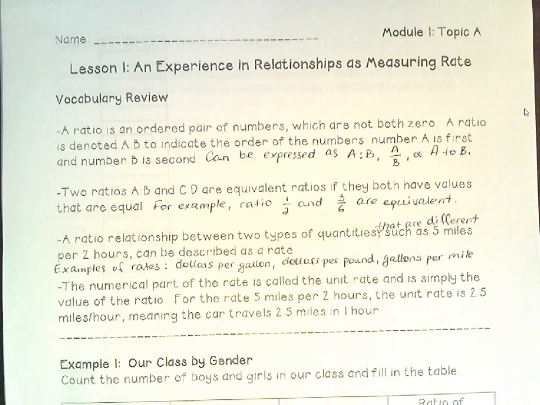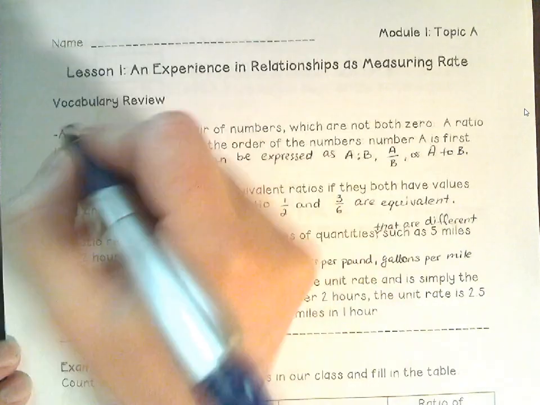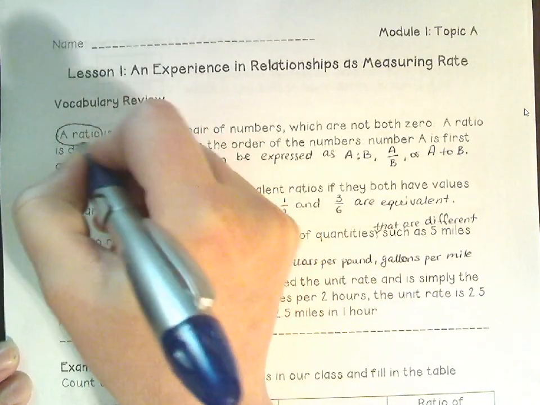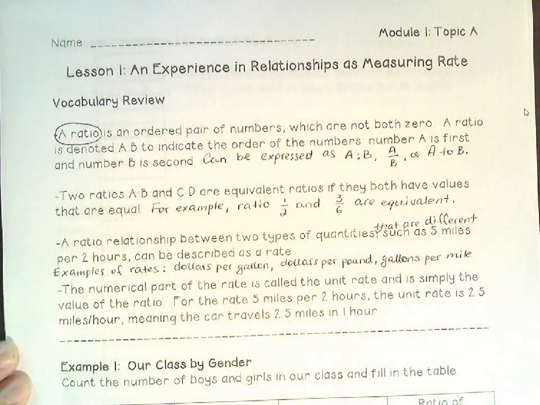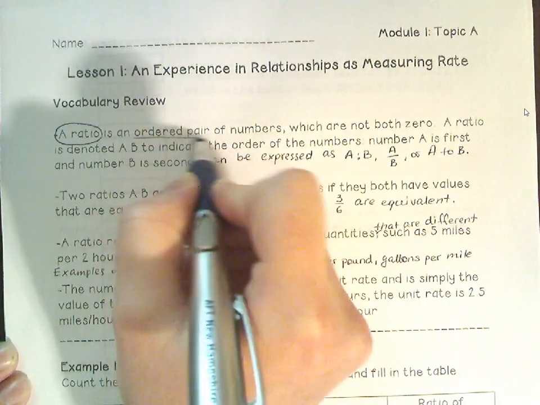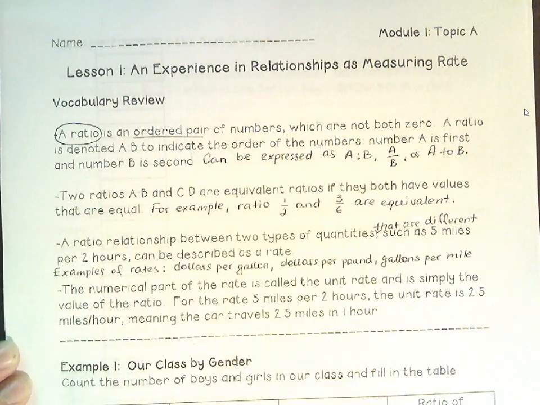A ratio. A ratio, and I'm going to circle it. A ratio is an ordered pair of numbers which are not both zero. A ratio is an ordered pair. You actually need to underline this and remember, because later when we get to graphing on coordinate planes, you will need to know that the ratio is an ordered pair, and they're not both zero.